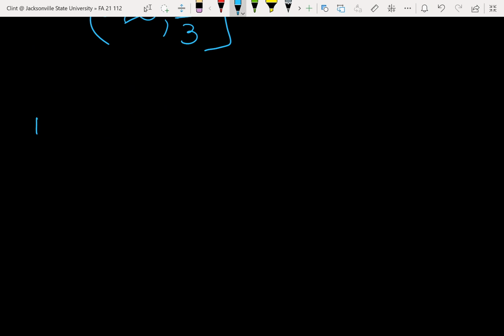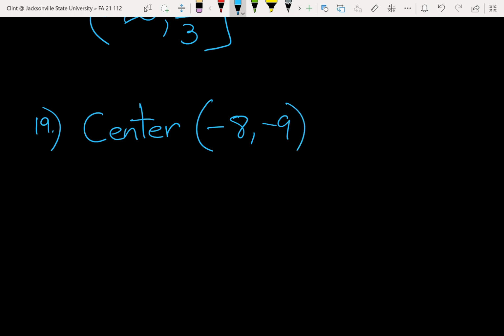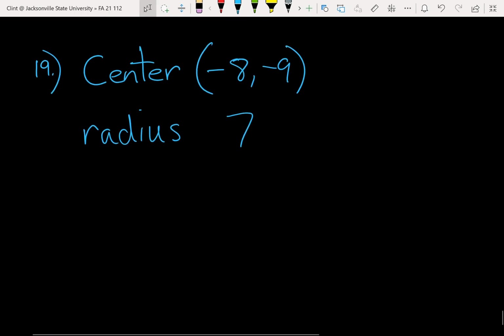19. It says find the equation of the circle that satisfies the given conditions, and this one says that the center of our circle is at negative 8, negative 9, and the radius is 7. So we're just plugging into the standard form of a circle.